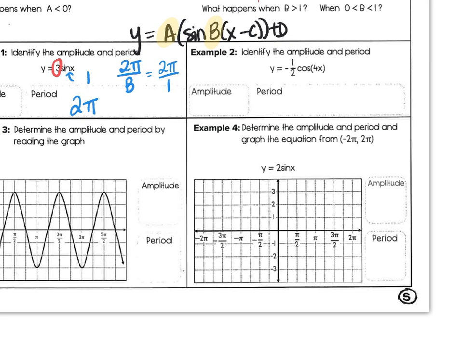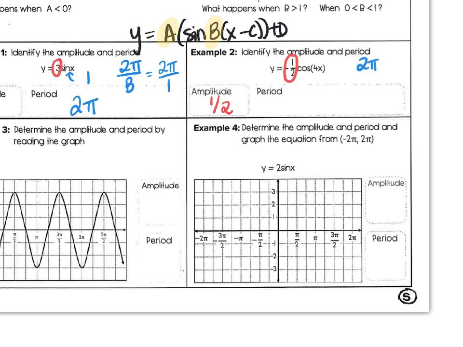Okay, number 2. Example 2, we're looking at amplitude, which is the absolute value of the coefficient of the function. So the absolute value of negative 1/2 is 1/2. That means this function is 1/2 a unit tall from its midline up, and then from the midline down. So the amplitude is 1/2, and then the period is going to be reflective of that b, the coefficient of x.